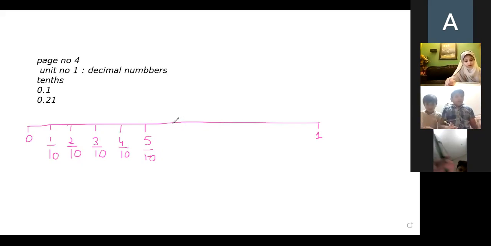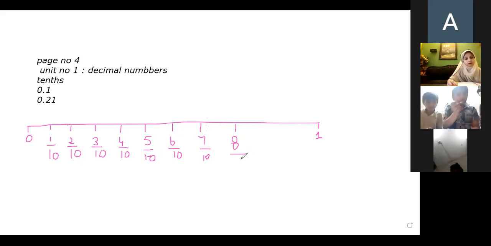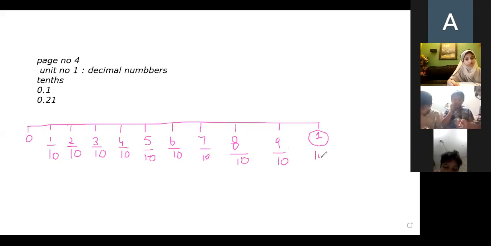Now 6 by 10. The next one is 7 by 10. Now 8 by 10. And the next is 9 by 10. Then the last one is 10 by 10.